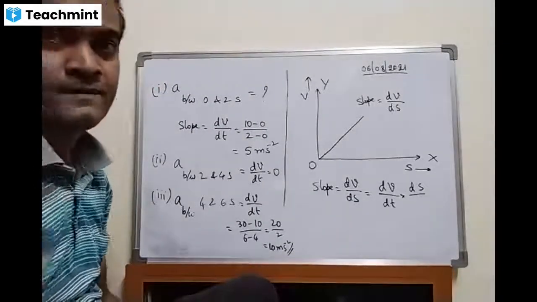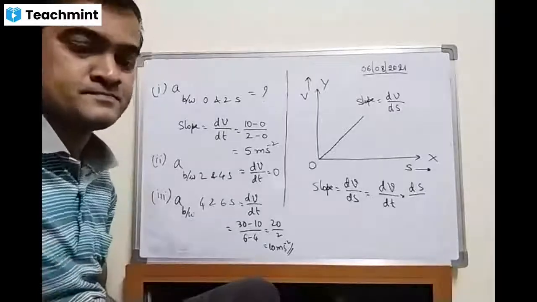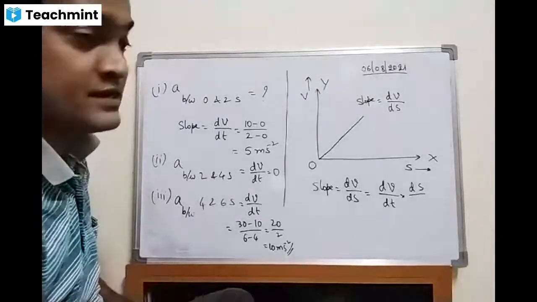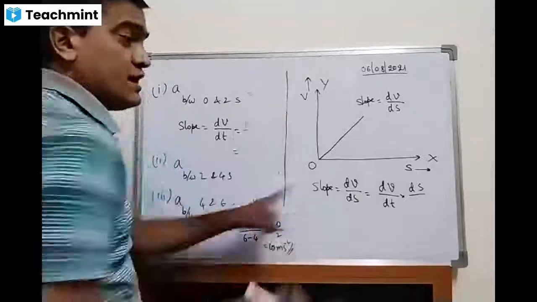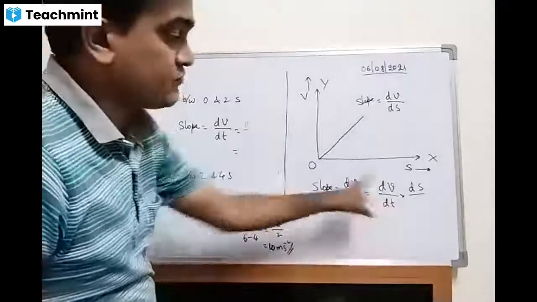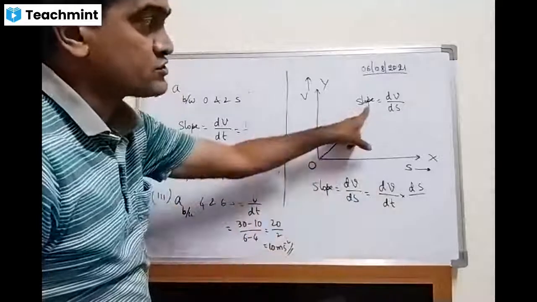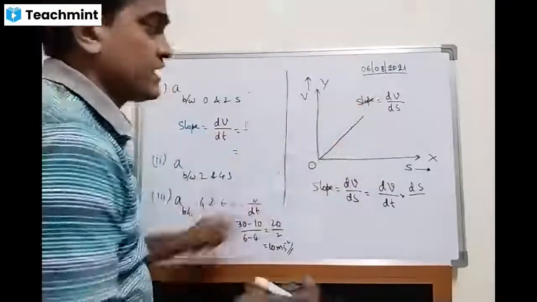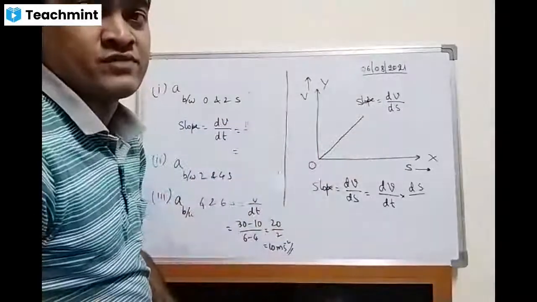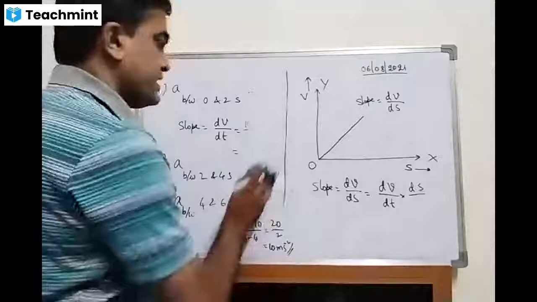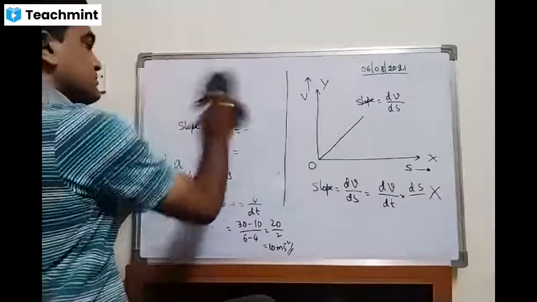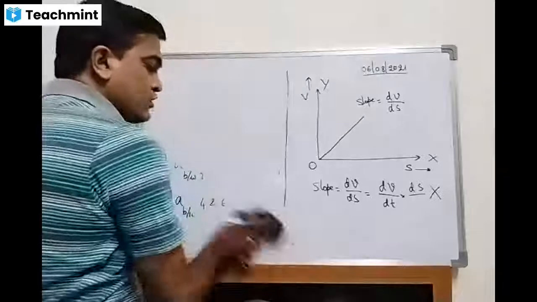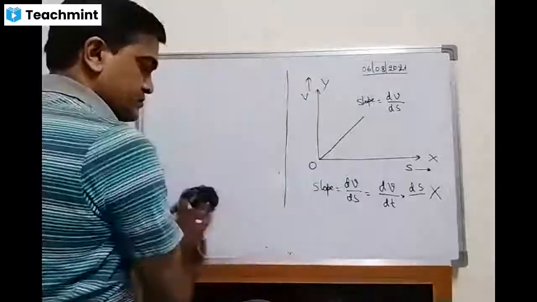Yes, according to the integral. So even if I find out the slope, this is meaningless. I don't have any other physical quantity for velocity by displacement, right? So this is meaningless.